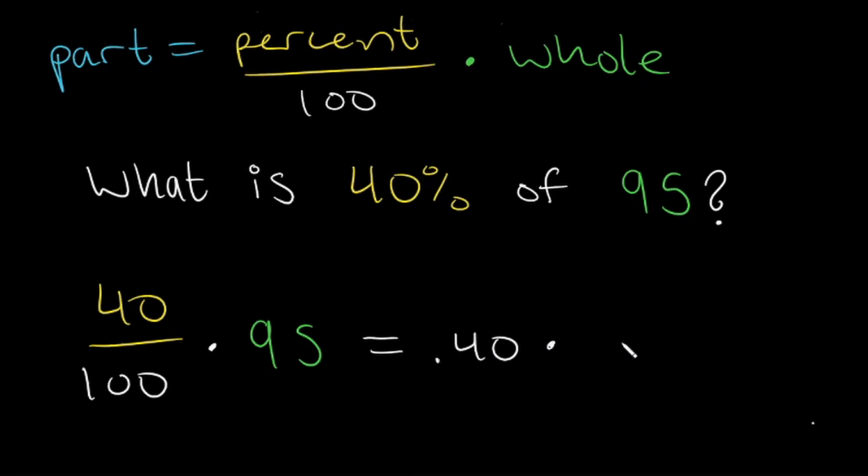We multiply that by 95. 0.4 times 95 is going to be equal to 38. So 40% of 95 is 38.